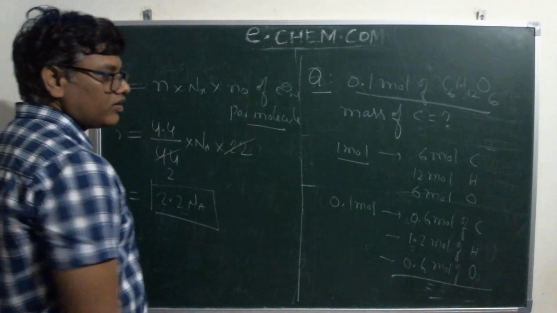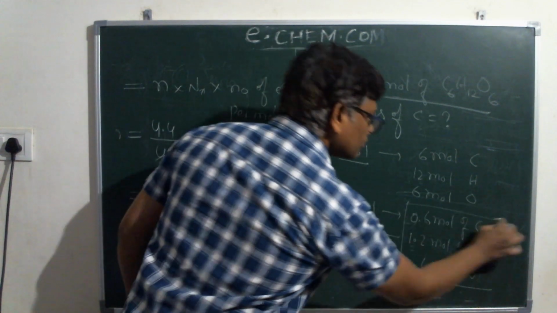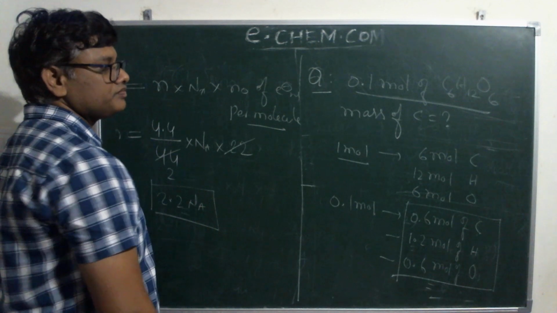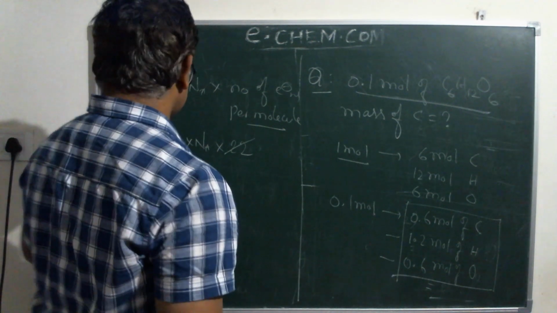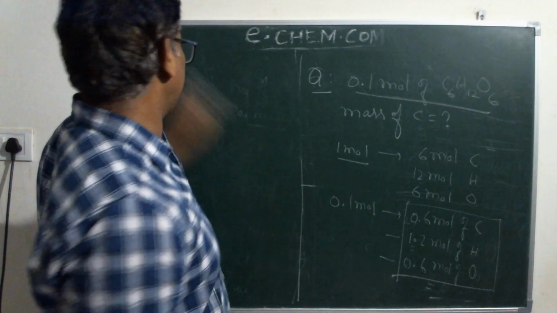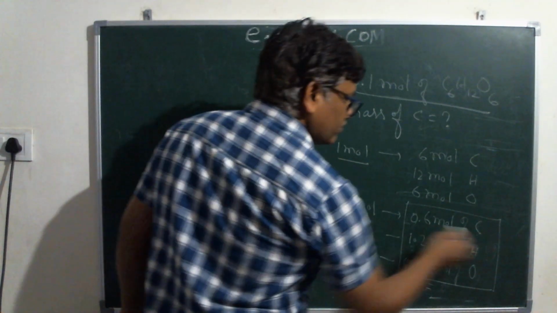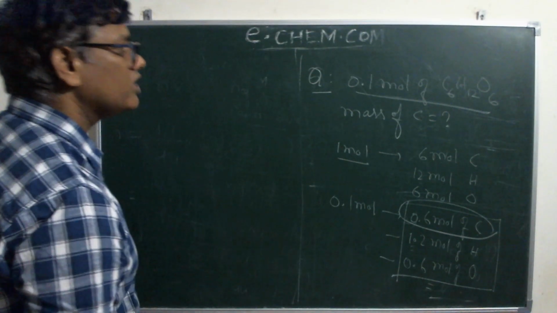Now I got the number of moles of the element in the given composition, 0.1 mole. Once you know the moles of the element, you can convert that into the mass. In the given question, we need to calculate the total mass of the carbon in 0.1 mole.